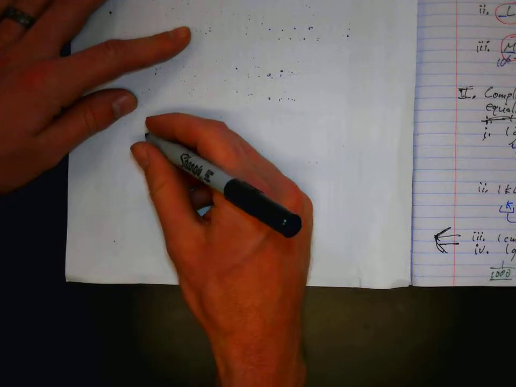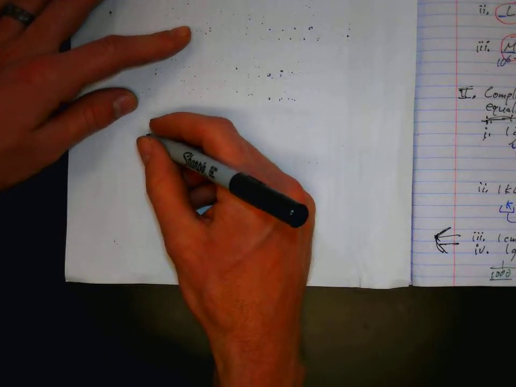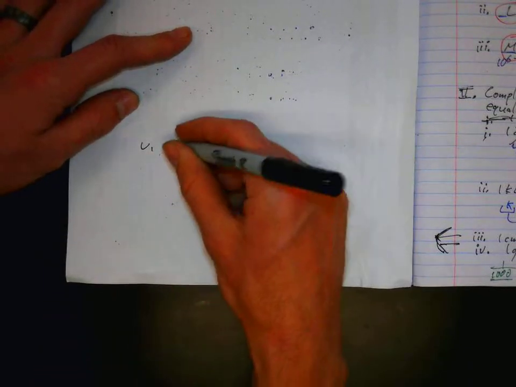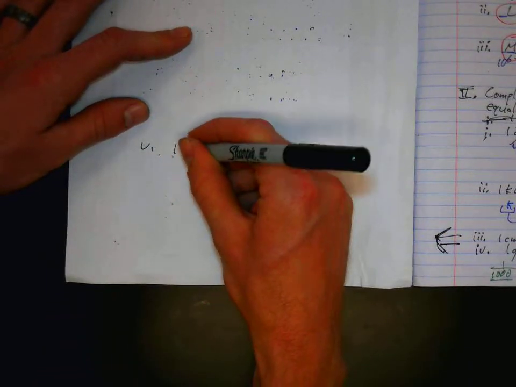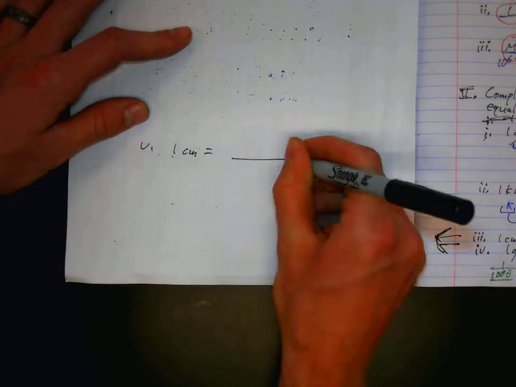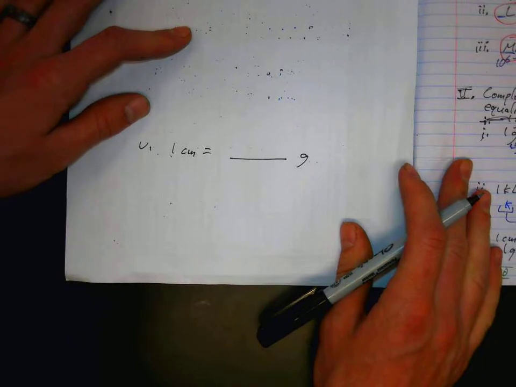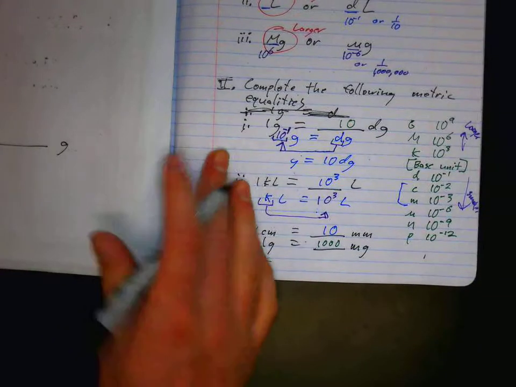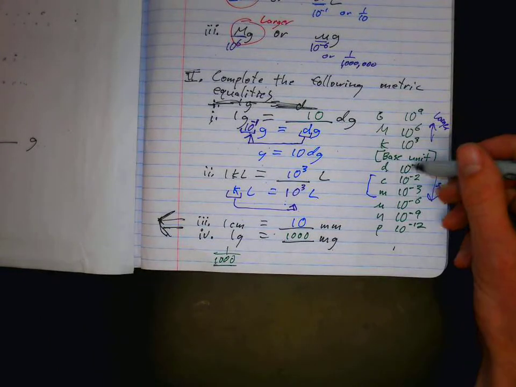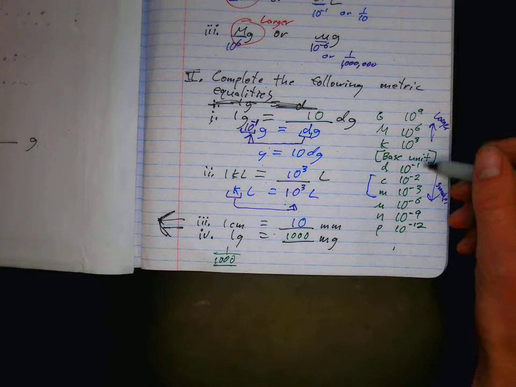Alright, so the next 2 examples, so we have number 5. 1 centimeter equals how many grams? Blank grams. Again, we can do it this method where we're looking at the difference in the factors.